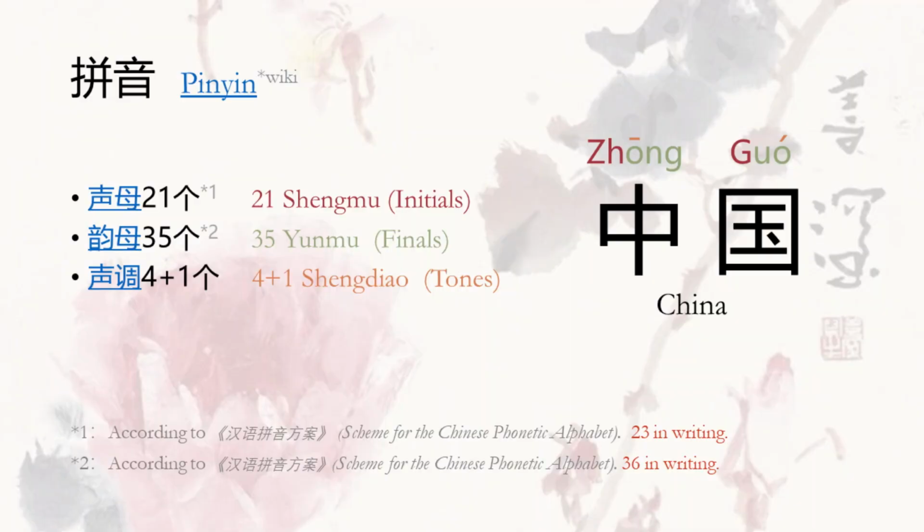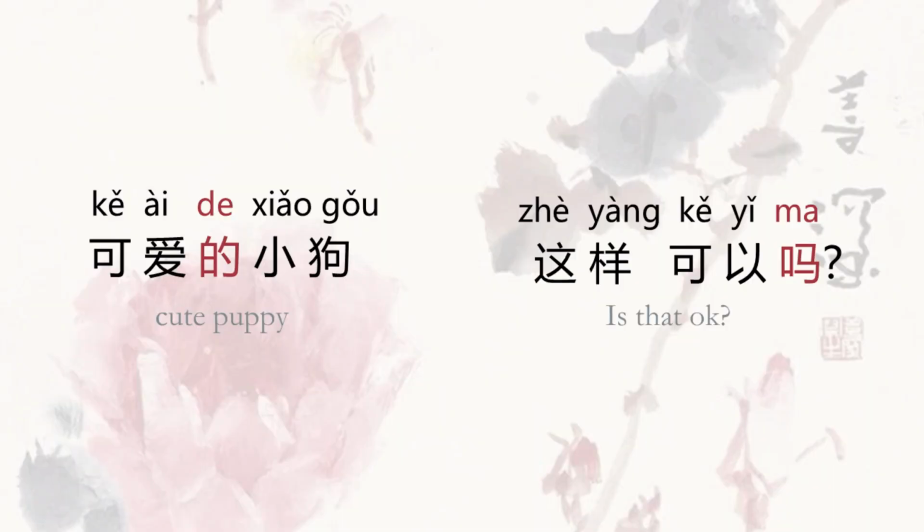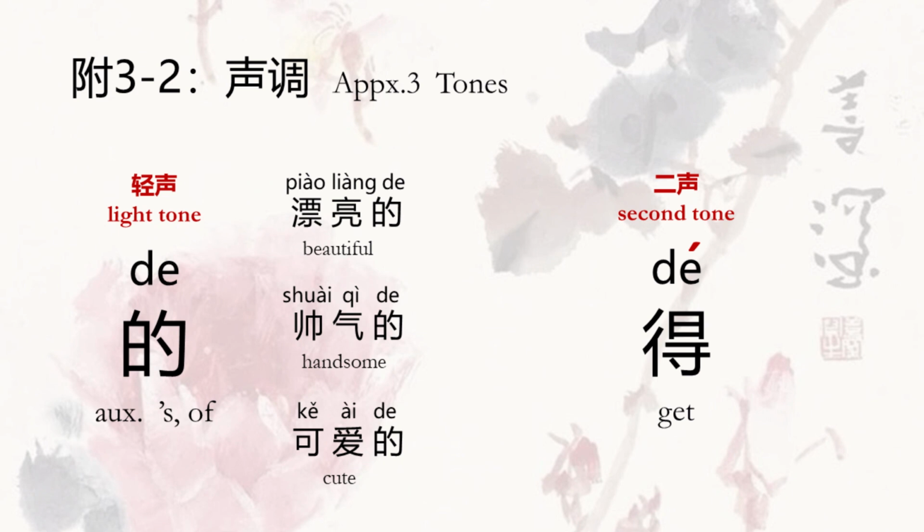As for the +1, the light tone, it's usually used on characters that don't have actual meaning. By that I mean, for example, in the middle of a sentence to combine two words, or at the end of a sentence to express some emotion or a question. The sound of the light tone is just like a lighter version of the second tone. Take the example here: 的 is usually used after an adjective.